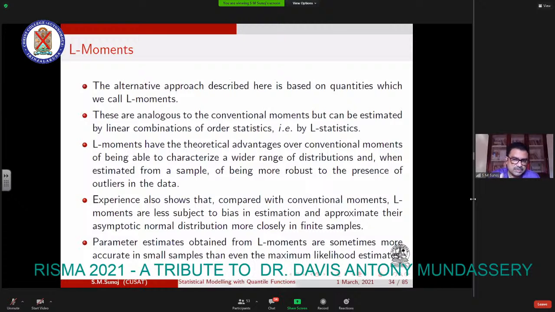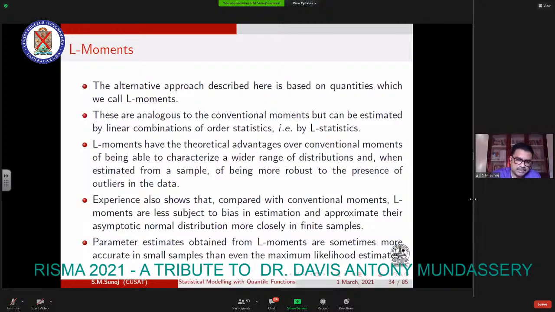L moments have the theoretical advantage over conventional moments of being able to characterize a wide range of distributions, and when estimated from a sample, of being more robust to the presence of outliers in data. This is one of the interesting properties of using L moments. Experience also shows that, compared with conventional moments, L moments are less subject to bias in estimation and approximate their asymptotic normal distribution more closely in finite samples.